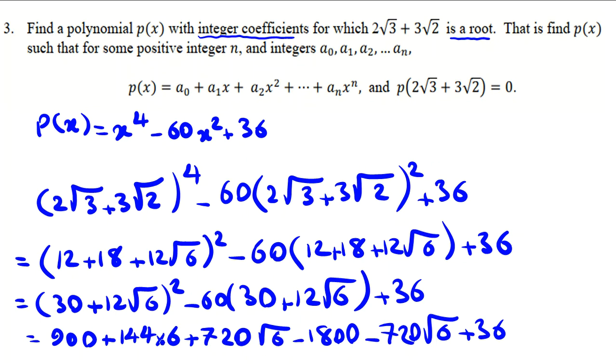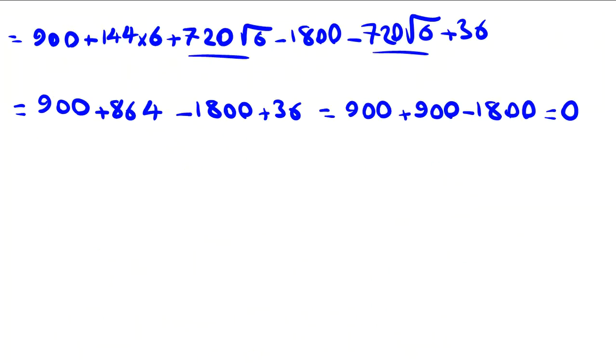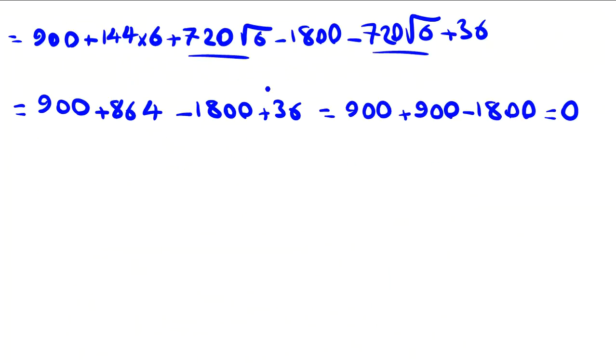So if we simplify, the 720 root 6 and minus 720 root 6 cancel. Then 900 plus 6 times 144, which is 864, minus 1800 plus 36. So 900 plus 864 plus 36 is 1800, and 1800 minus 1800 equals 0.